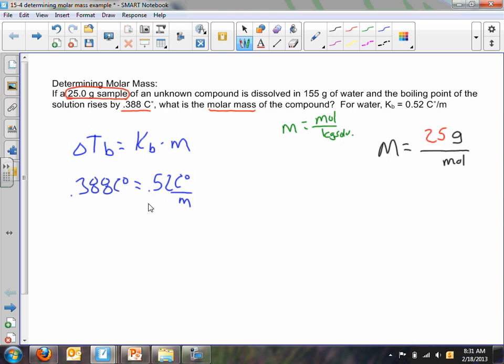So I'm just going to plug that right in here, because moles is what I'm looking for, moles of solute. And how many kilograms of solvent do I have? Well, my solvent is 155 grams of water, which is really 0.155 kilograms.